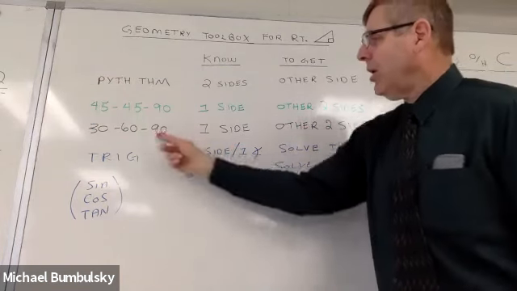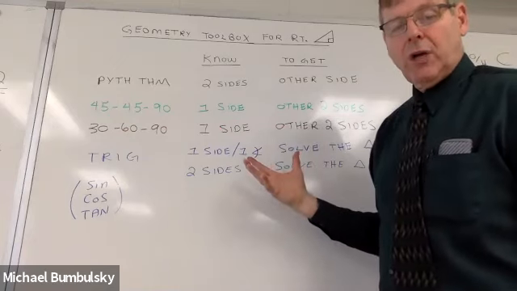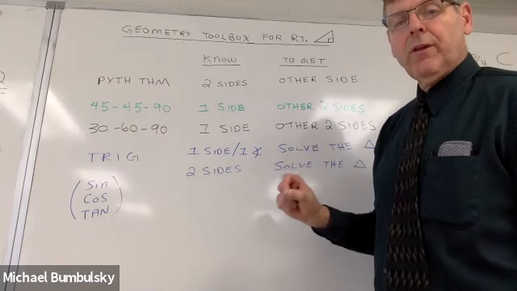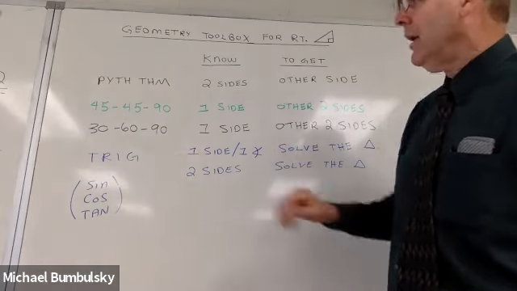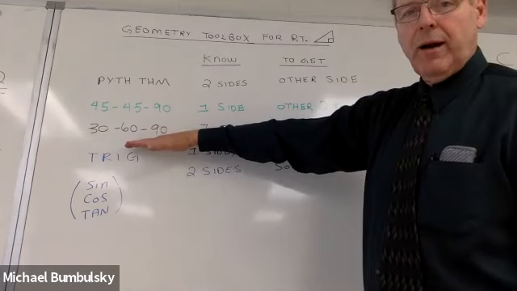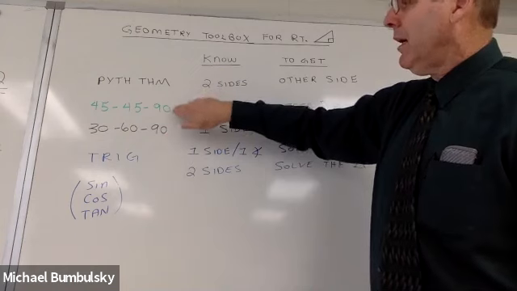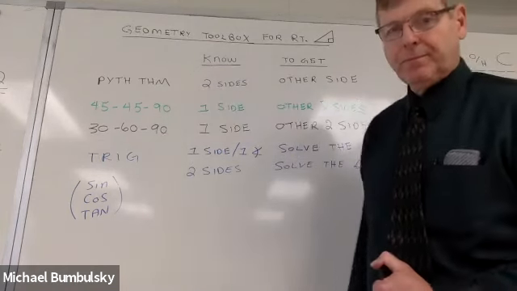And notice, if I know all three angles and I know all three sides, I have solved the triangle. What does it mean to solve a triangle? Find all the angles and all the sides, the three angles and the three sides. So here's all the tools we've talked about up till now. A special case where it's 30, 60, 90, a special case where it's 45, 45, 90, and the Pythagorean theorem.